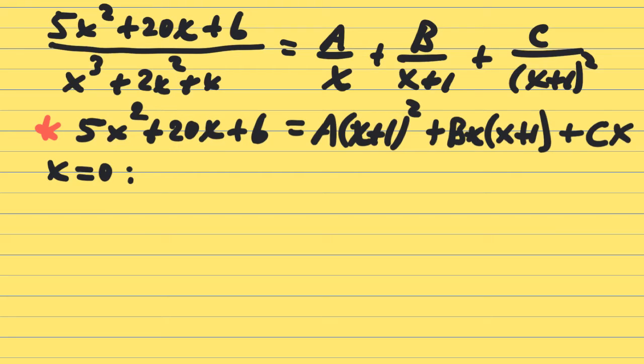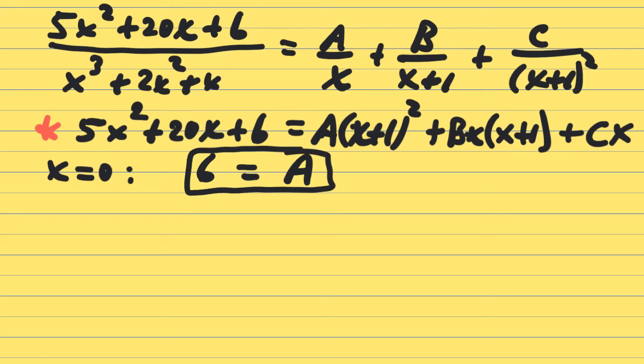In the equation marked with the red asterisk, replace every x with 0, and you will get 6 on the left side, A times 0 plus 1 quantity squared, B times 0 times 0 plus 1, that goes to 0. C times 0 is also 0. So immediately, by substituting in 0, we get A equals 6.